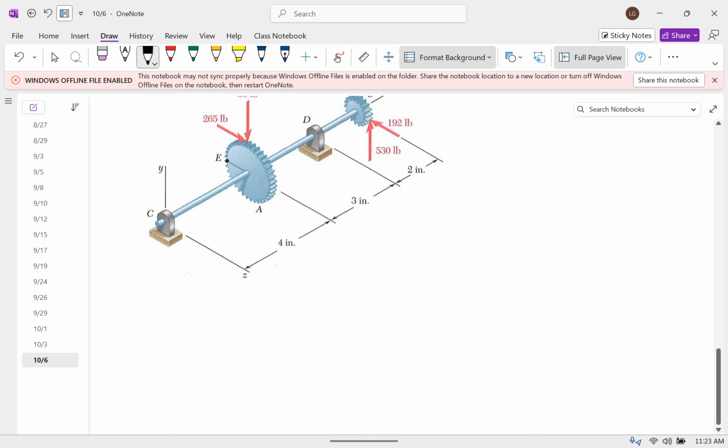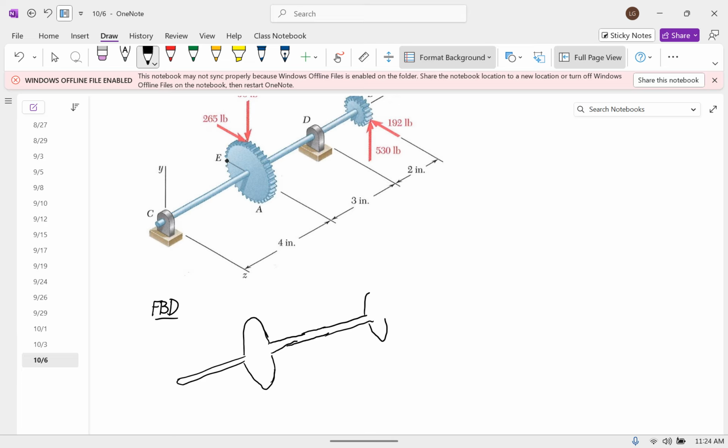Okay, so free body diagram. So we have the shaft. We have that first gear. The second gear.